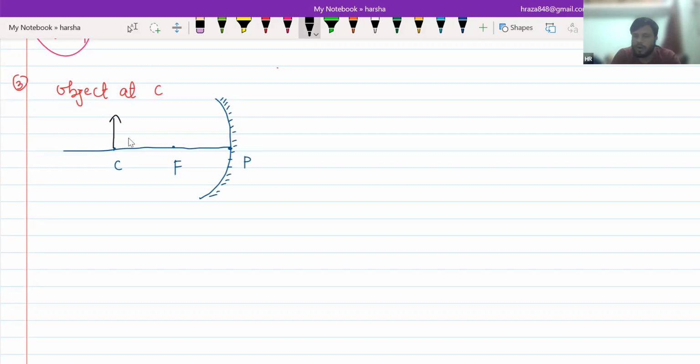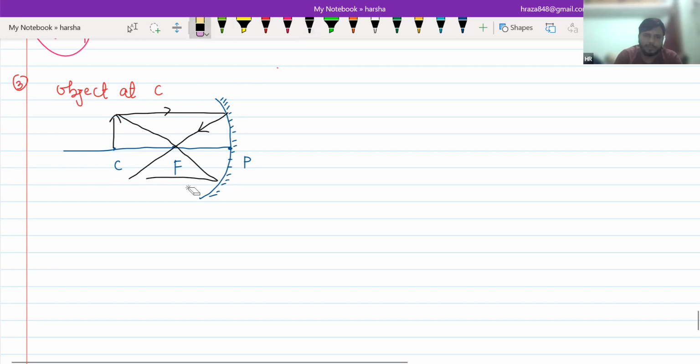Now we are going to draw an image, and to draw an image, a minimum of 2 rays are required. One ray will go parallel to the principal axis, and then it will pass through focus. This is the first rule. And a ray that passes through focus will then go parallel to the principal axis. So I'm going to just extend it.